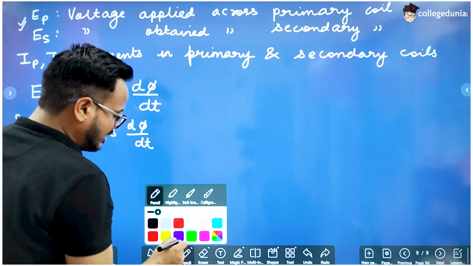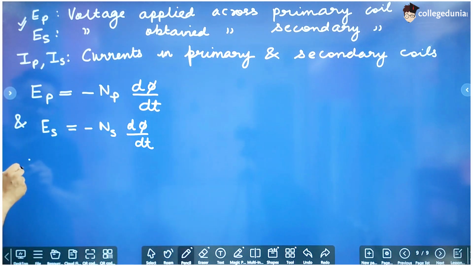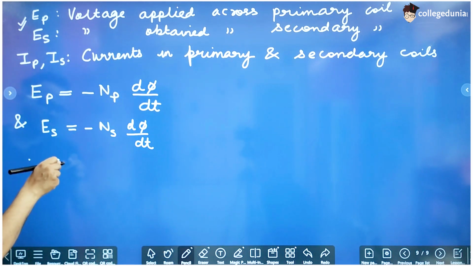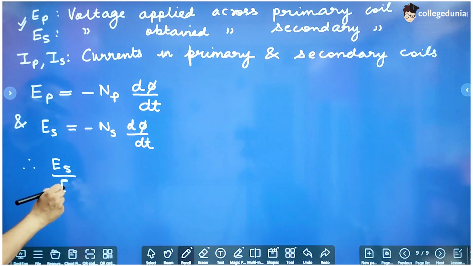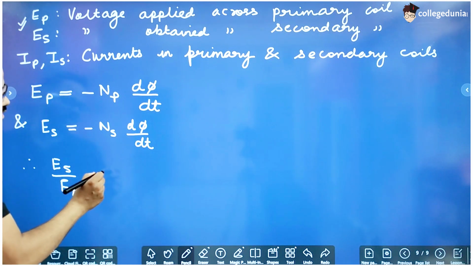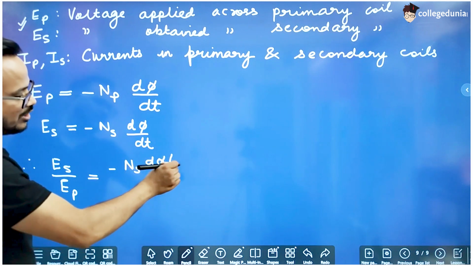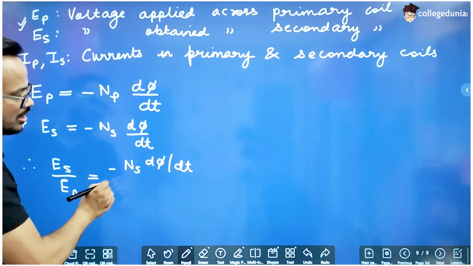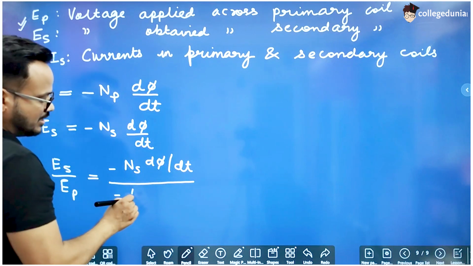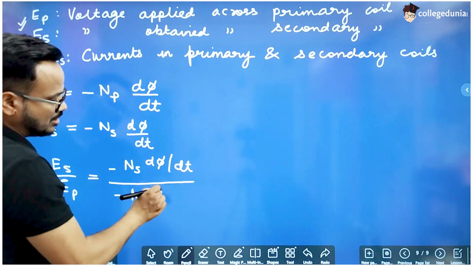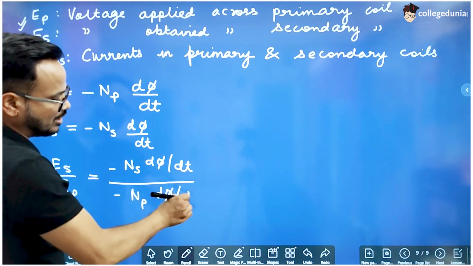So if we divide these two, we get ES by EP equal to minus NS d phi by dt upon minus NP d phi by dt.